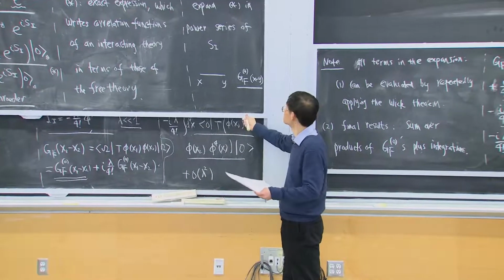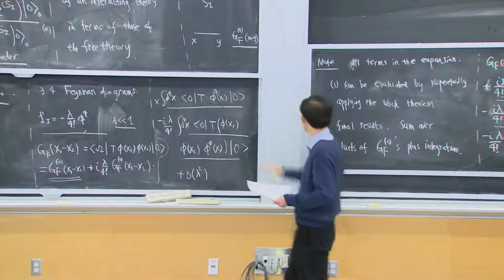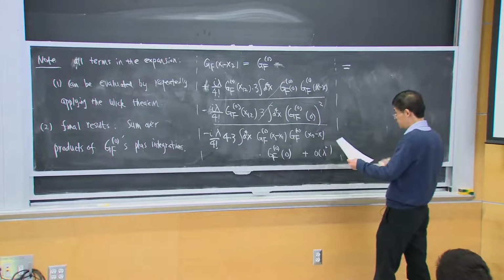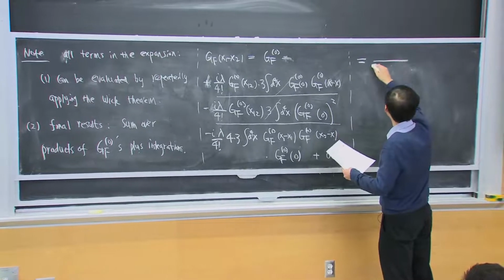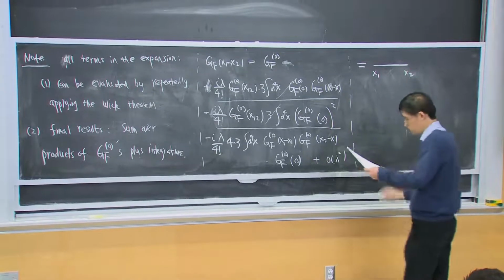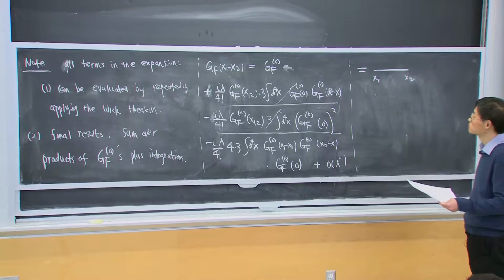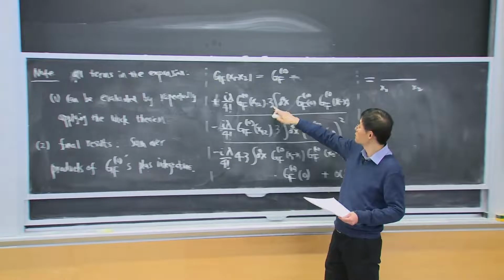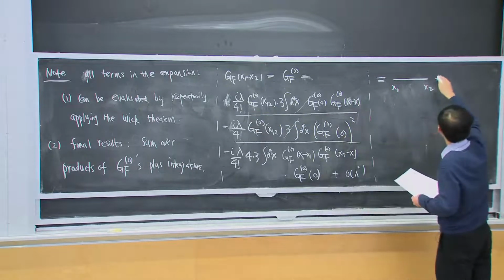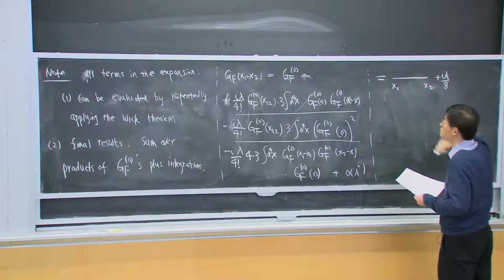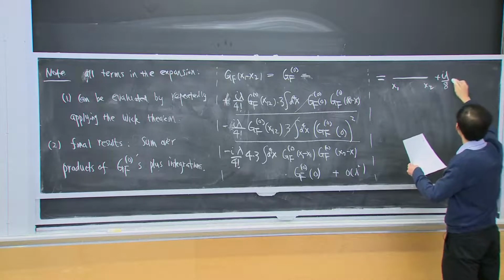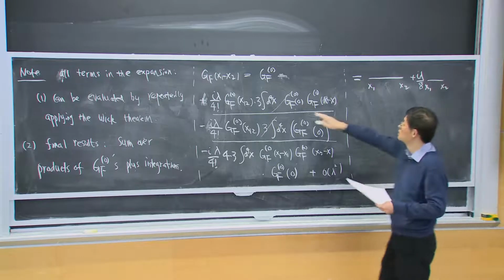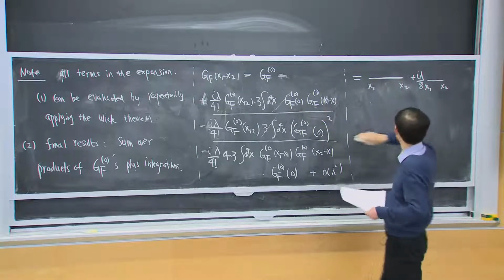If I use that, we can write them in the diagrammatic form. Then the first term is just x1, x2. And now the second term would be 3 multiplied by 4 factorial, so this is like iλ divided by 8. Then you have x1, x2, then this contracted with itself.